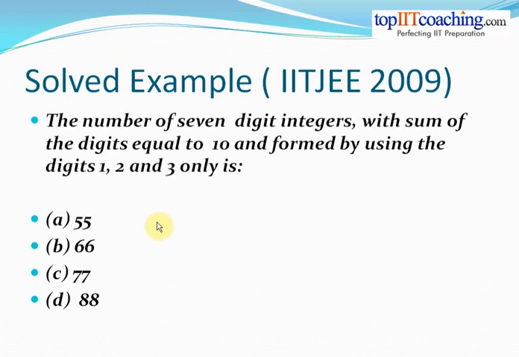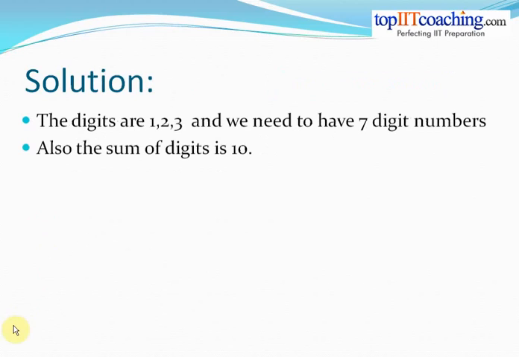Let's go through the solution of it. The digits are 1, 2 and 3 and we have to find all the 7-digit numbers that can be formed from these 3 digits. But the constraint here is that the sum of the digits has got to be equal to 10. Now when we analyze it, we see that there are 2 cases.